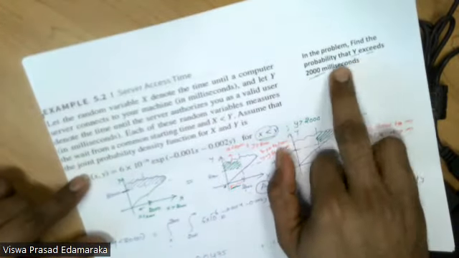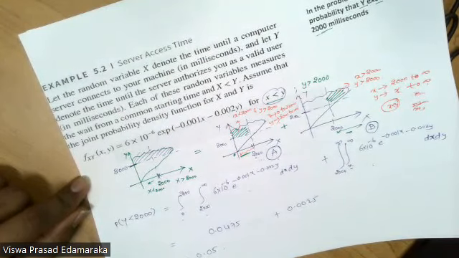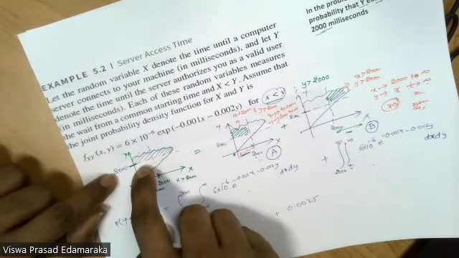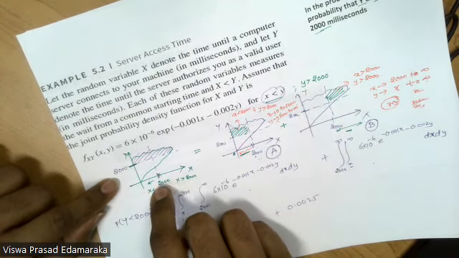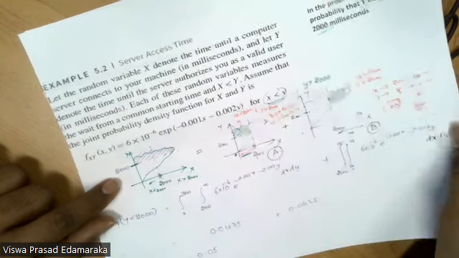So we have seen a big problem here, the probability that y exceeds 2000 milliseconds. There is one condition: we split the area about 2000 into two halves, one where x is less than 2000 and one where x is greater than 2000. We have calculated this problem.